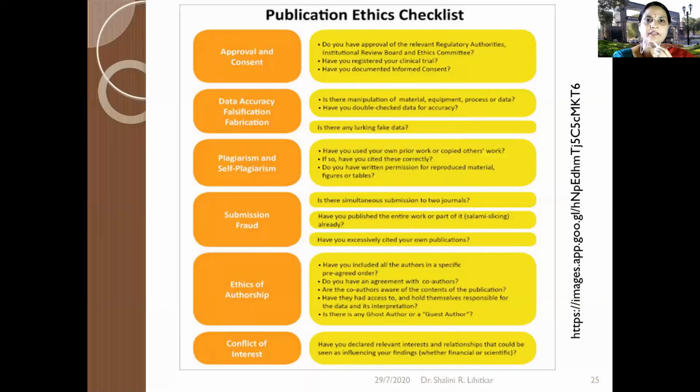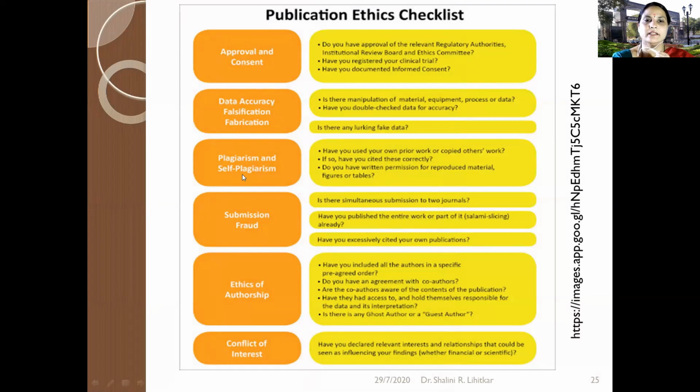Friends, let us see about the publication ethics, which are considered as a checklist. Whether the approval and consent have been taken from the various authorities, whether there is data accuracy, falsification and fabrication in the research, we have to take care about that.